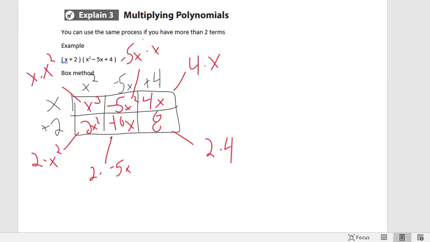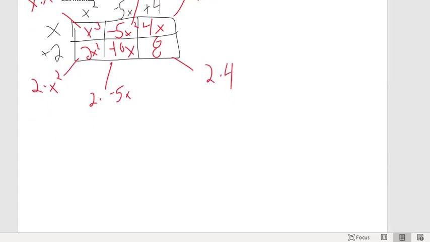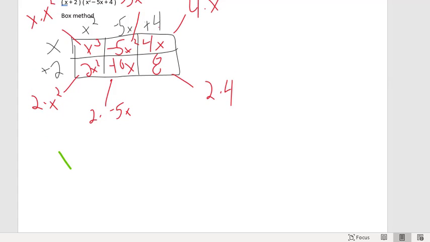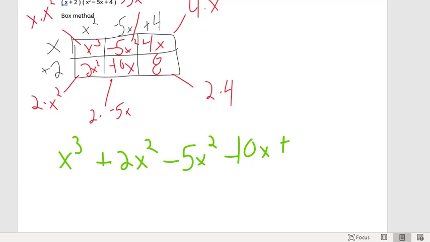Now I'm going to add all my terms up. x to the third plus 2x squared minus 5x squared minus 10x plus 4x plus 8. I do have some like terms that I can combine.